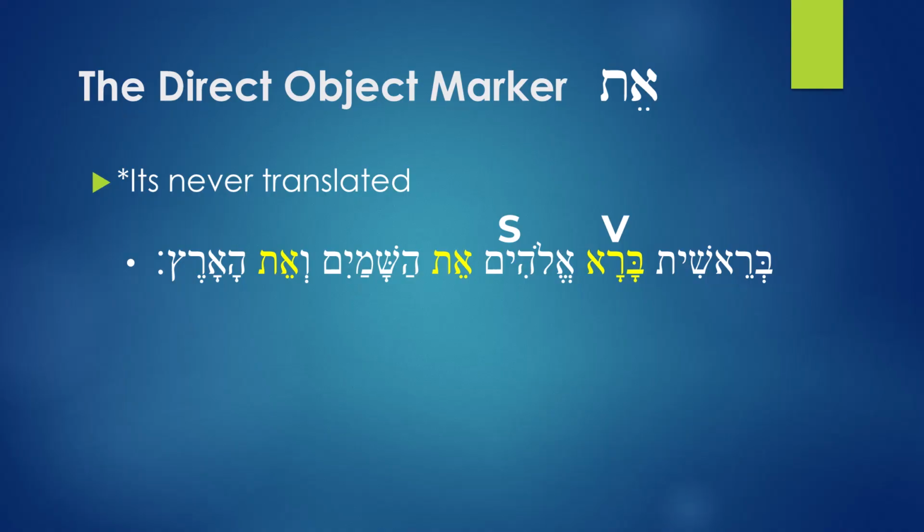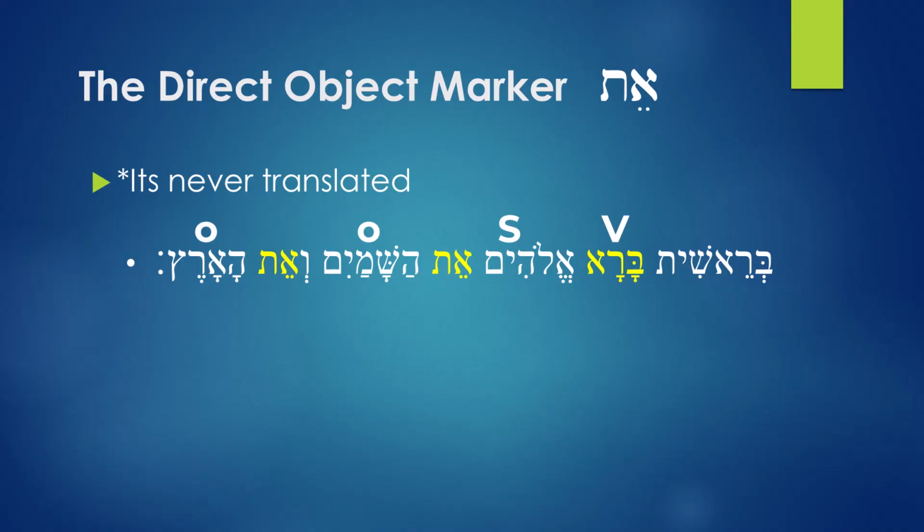Since you have et, the et is showing you the direct object of the sentence. Bara is a verb, he created, but who created? God. What did he create? You have et and et to show you what is being created: hashamayim, the heavens, and haaretz, the earth.